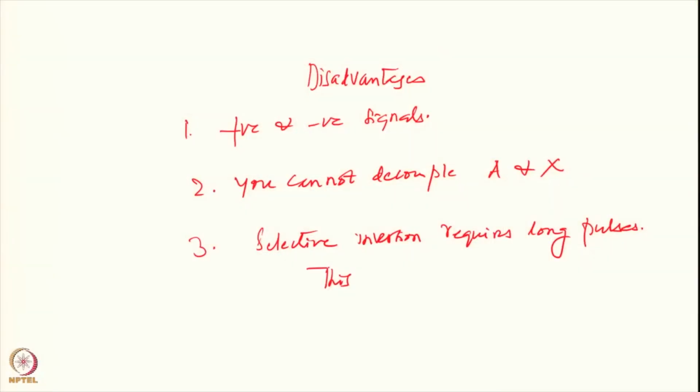So the better the selectivity you want, the longer the pulse length will be. This is a difficult thing to achieve, and then the fourth disadvantage is that selectivity may be difficult in complex spectra.